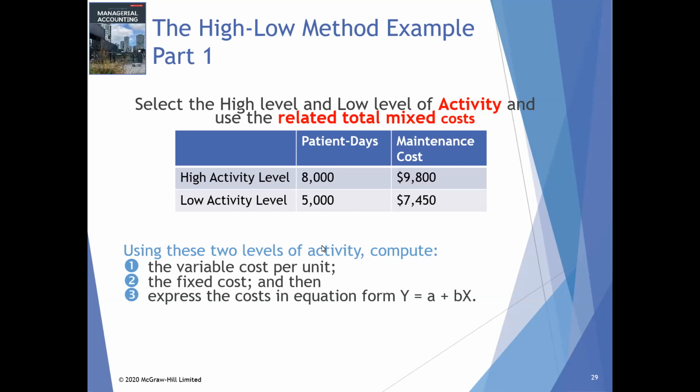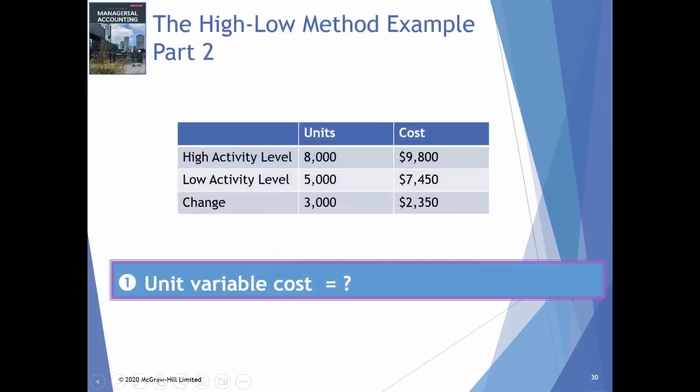Using these two levels of activity, we can calculate the total variable cost per unit, and the total fixed cost, and then express the cost in equation form: y equals a, the fixed cost, plus b, the variable cost per unit, times x, the level of activity. Now look at this.